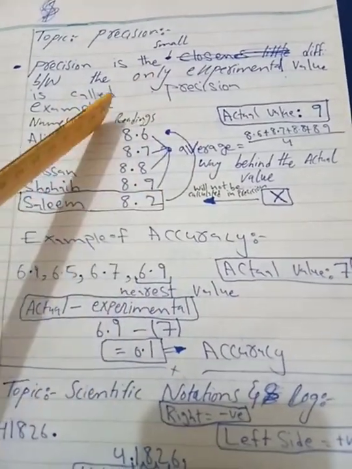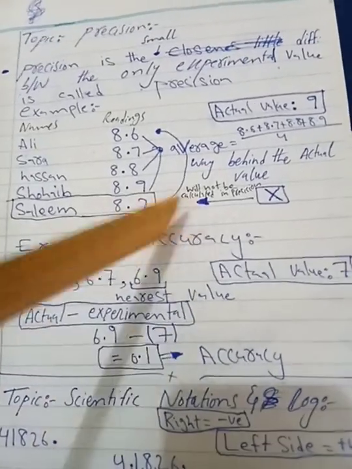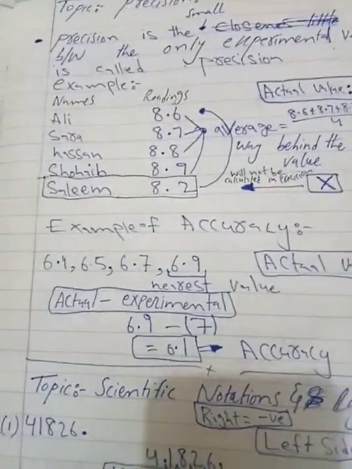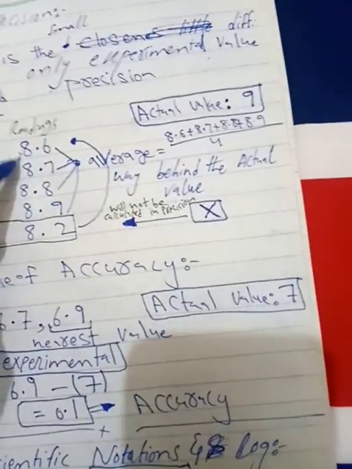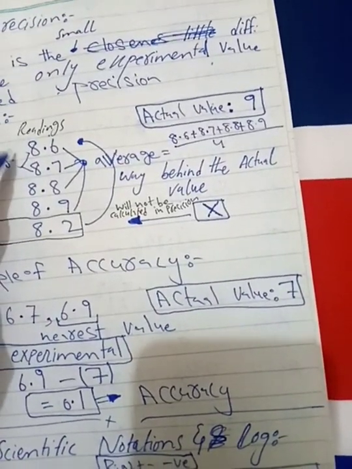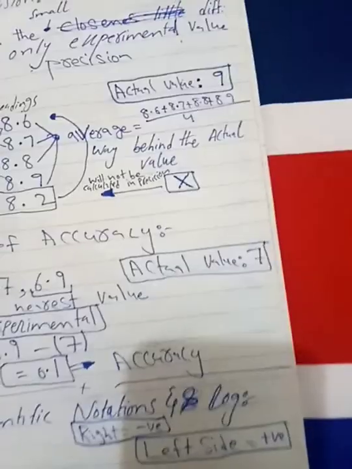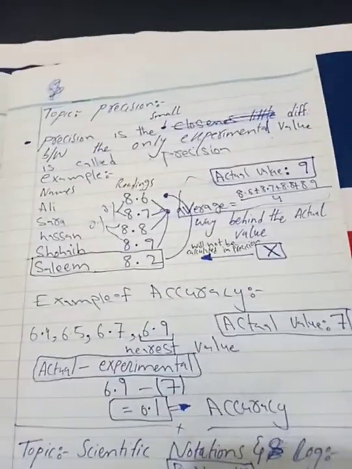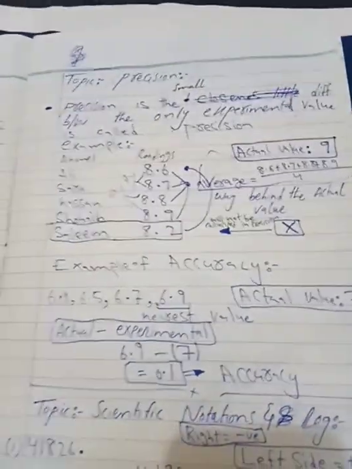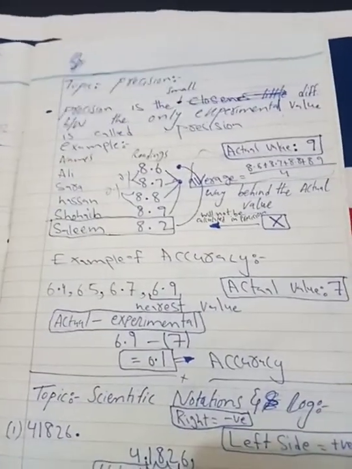So first we take out the average of these values, but before that we have to subtract. For example, the difference between these two is 0.1, and the difference between these two is 0.1. Like this we take out the average. Here we have the value of Salim, so it will not be calculated in precision.